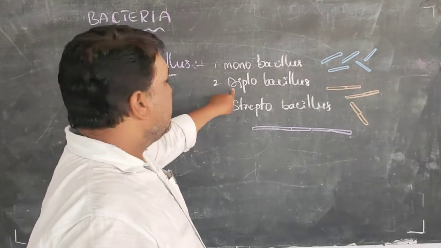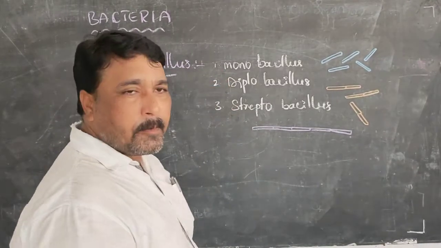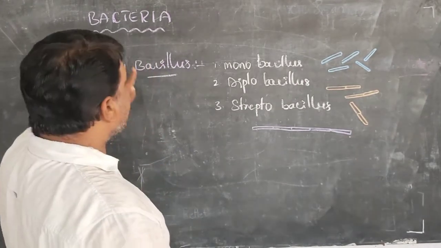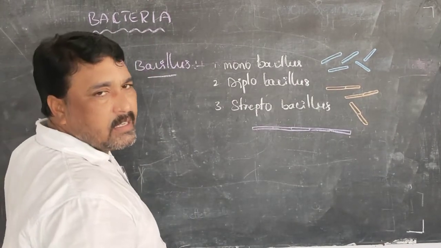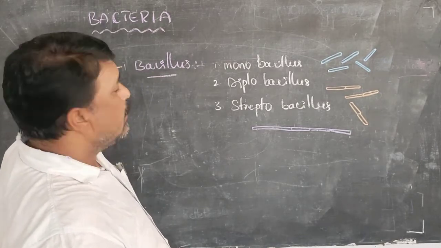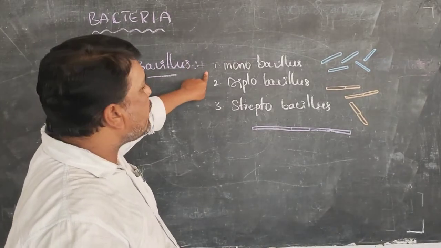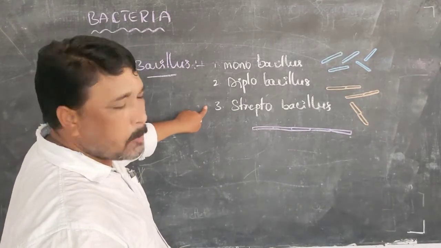Strepto, mono, diplo. For coccus we covered monococcus, diplococcus, streptococcus, sarcina and staphylococcus. For bacillus we covered monobacillus, diplobacillus, streptobacillus.